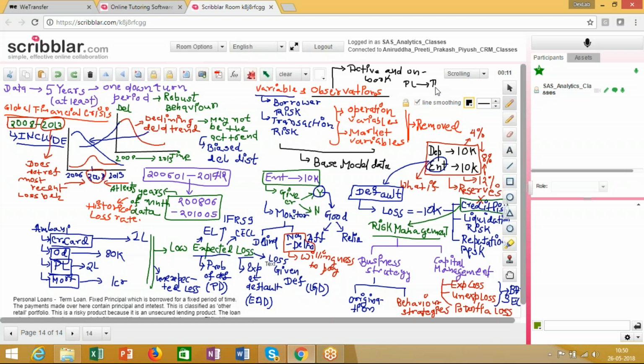The higher the amount of the loan, everything else remaining unchanged, the riskier the loan is.